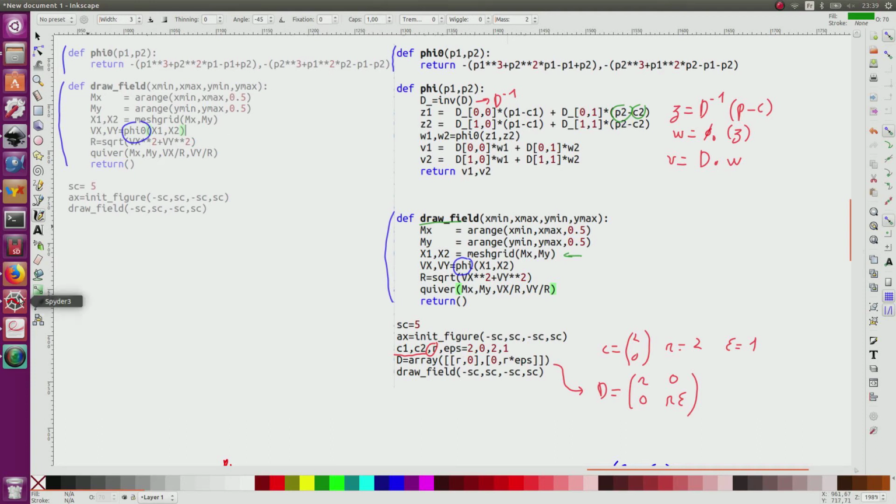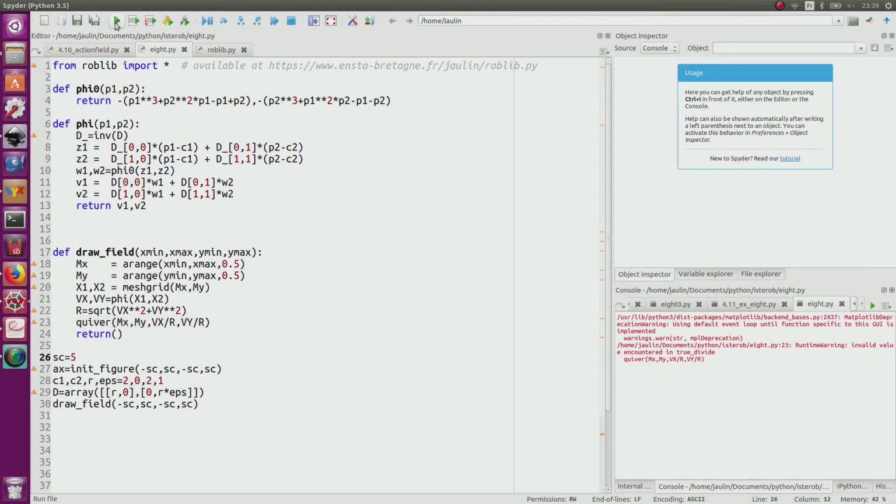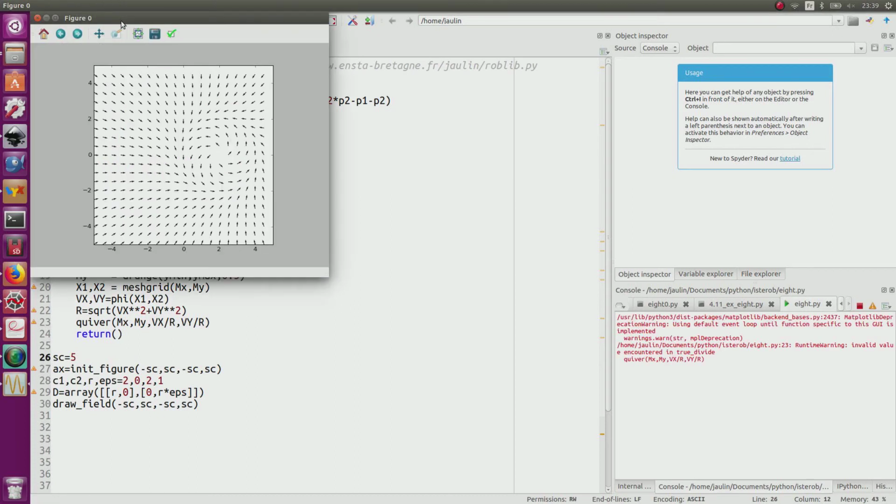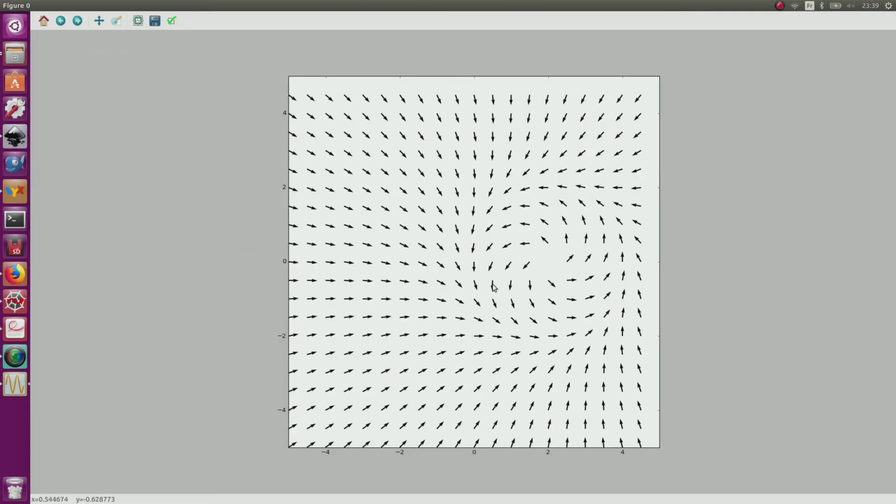So I go to Python. If I start my program, I obtain the vector field, which has been translated by the vector C. The orientation is still in the direct trigonometric direction, so counterclockwise.